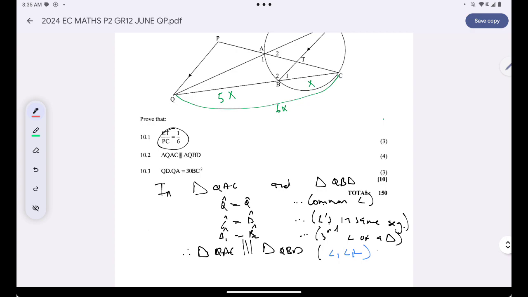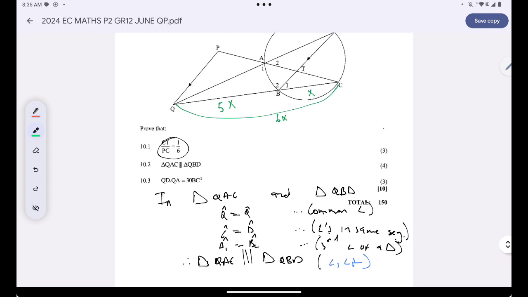Okay, let's first focus on triangle QAC, this triangle over here. Are you together? Angle Q is subtended by what? By AC. Angle C is subtended by what? By QA. And then angle A1 is subtended by QC.